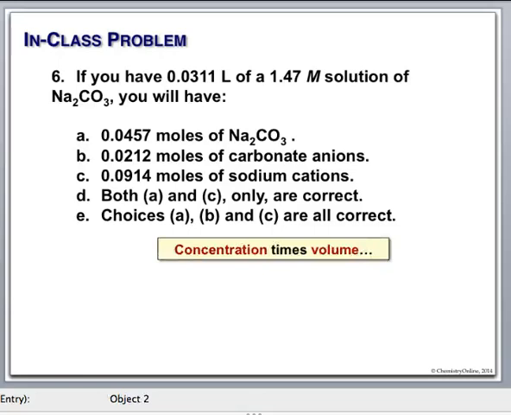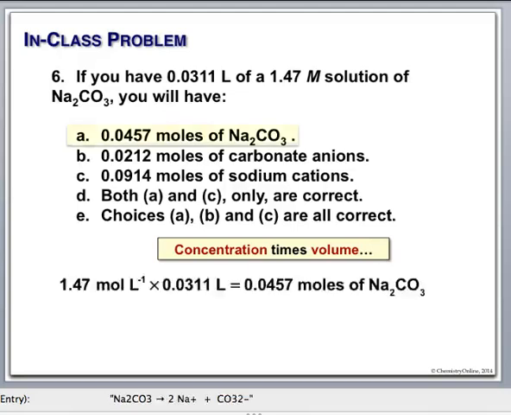So our concentration here is 1.47 moles per liter. Our volume is 0.0311 liters. We simply multiply these and we get 0.0457 moles of sodium carbonate. All right, everyone see that? That's just concentration times volume.